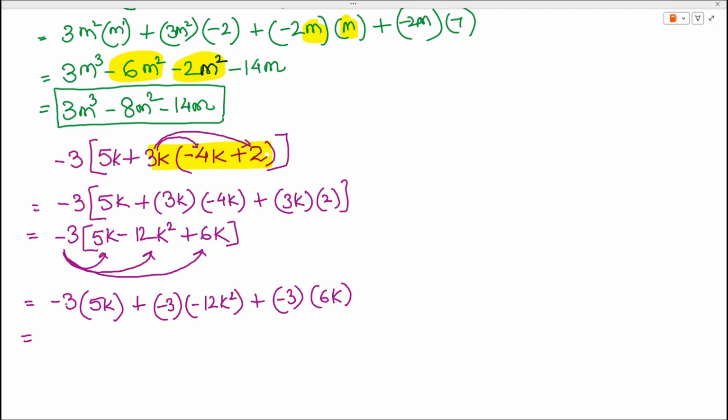So when we are multiplying again, negative 3 times 5 is negative 15k, just like that. Negative 3 times negative 12 is 36, and we only have k squared, and negative 3 times 6 is negative 18k. So this is a final answer.